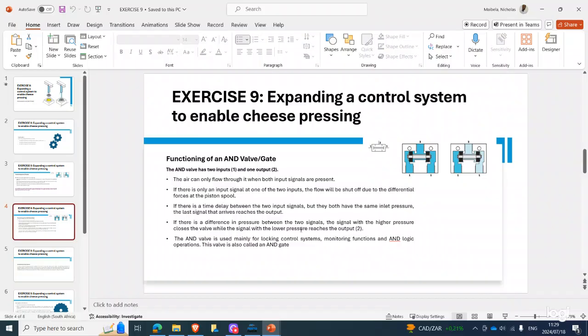At this point, I also want us to talk about an AND valve. An AND valve works differently from an OR valve. An OR valve requires only one of the inputs to be true for it to allow air to move into the cylinder.